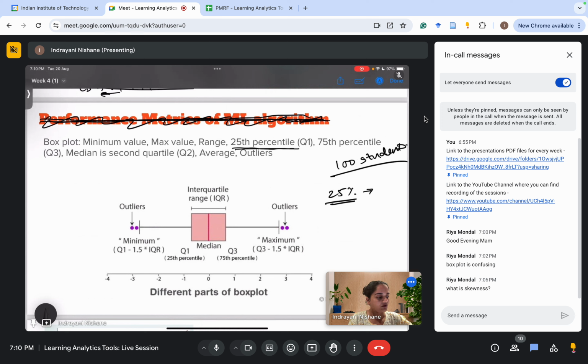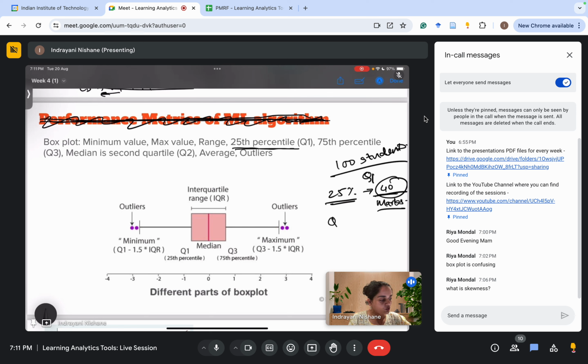Say out of 50 marks, the bottom 25 students are scoring 40 and below. That means the 25th percentile will occur at 40 marks, because 25 students have scored below 40. So Q1, or first quartile, will occur at 40.